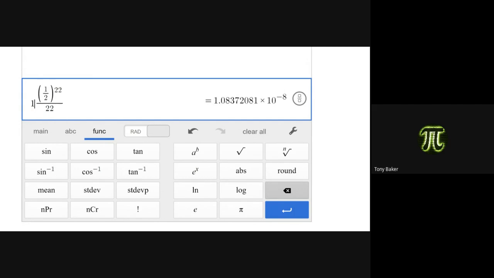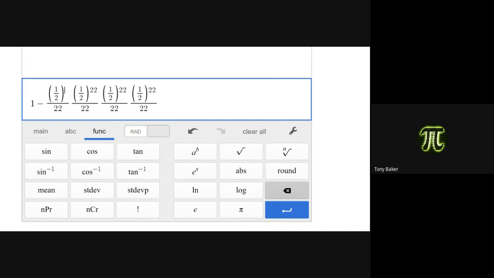So it was 1 minus... Oh, shoot. Oh, there we go. What was it? 7 was the first one? Oh, 8, that's right, over 8. And then plus... it was 15, right? Over 15. And then minus that.